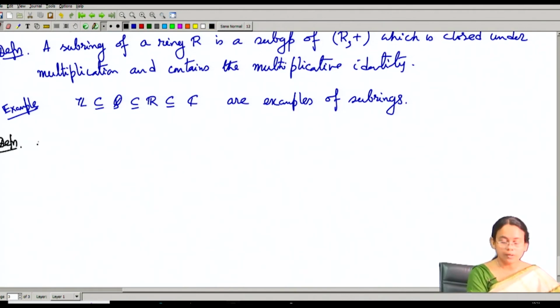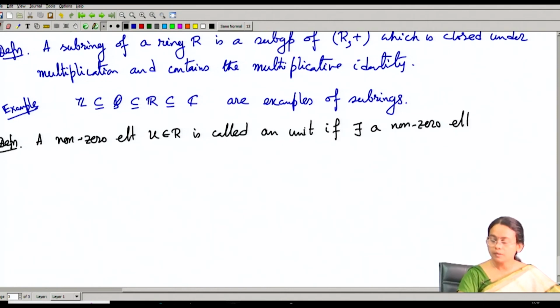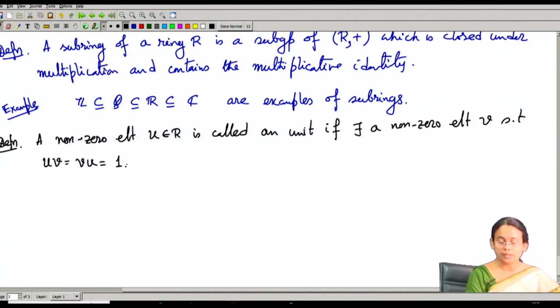A non-zero element U in a ring R is called a unit if there exists a non-zero element V such that U times V is equal to V times U is equal to identity.